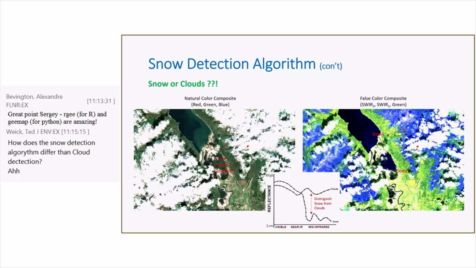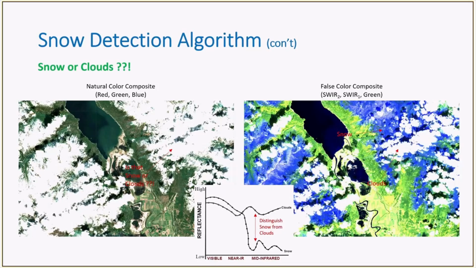But as the snow reflectance drops significantly in the shortwave infrared, clouds magically appear as we introduce the SWIR bands, and it becomes easier to distinguish between the two classes, as you can see on the right side image. So what I'm trying to say here is that snow is extracted by applying a high NDSI threshold value to the image, and that also allows a good separation of clouds, or most clouds, and snow.